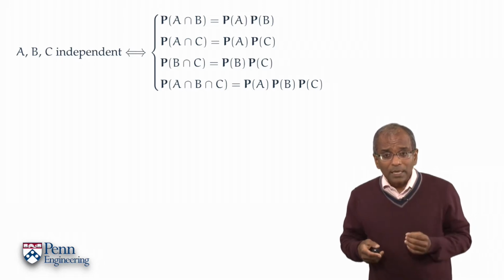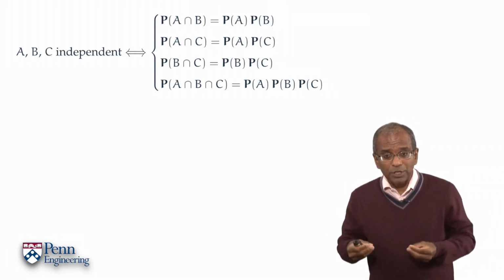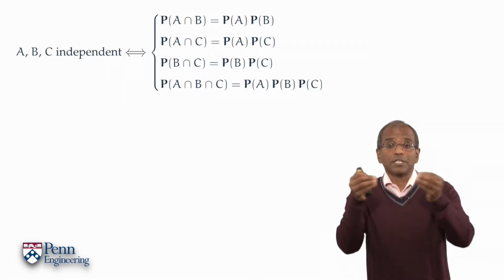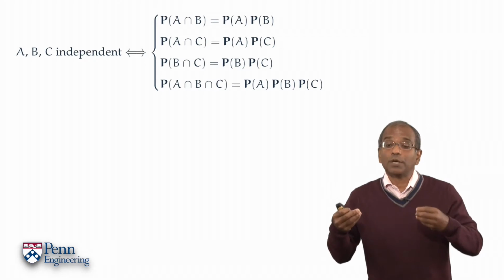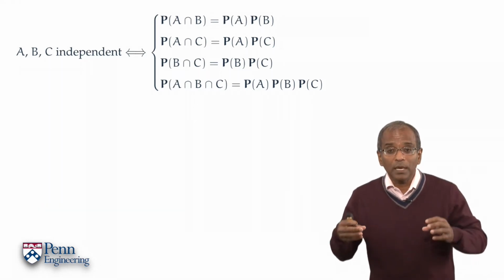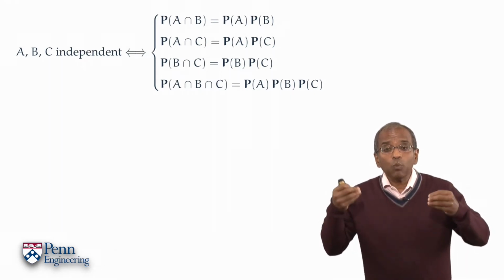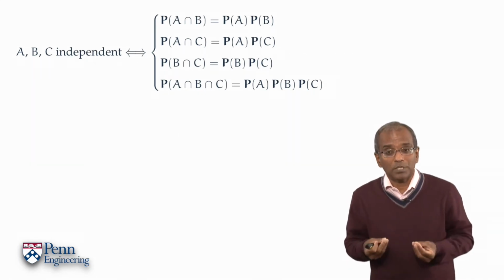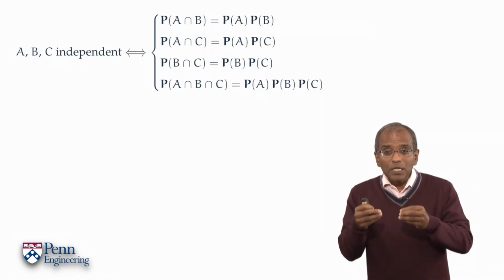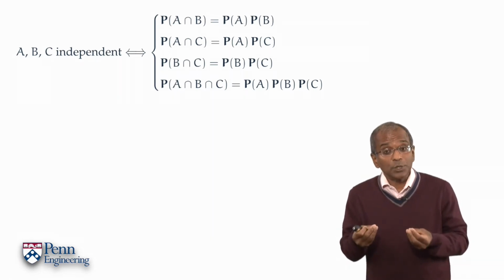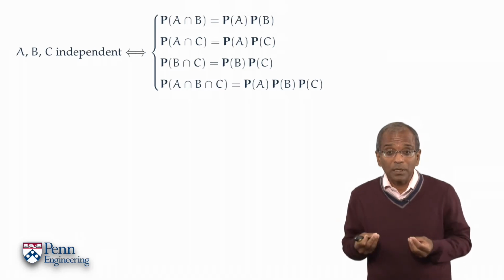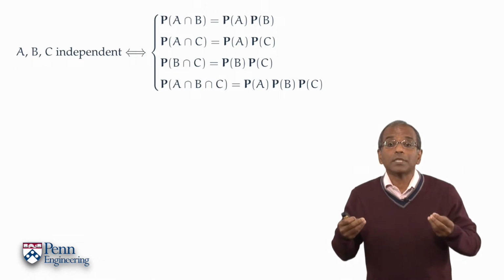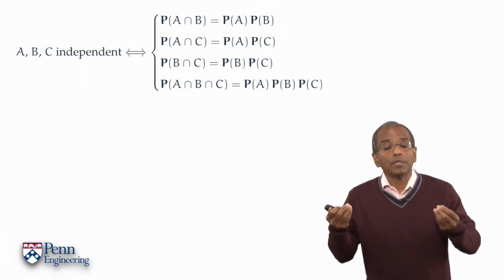We have seen, when we talked about independence in the previous lecture, for a pair of events, that a rule of products, say the first equation, the probability of A intersection B is equal to the probability of A times the probability of B, is maintained if one or more of those two events are replaced by their complements. In other words, the independence of A and B is equivalent to the independence of A and B complement, which is equivalent to the independence of A complement and B, which in turn is equivalent to the independence of A complement and B complement.